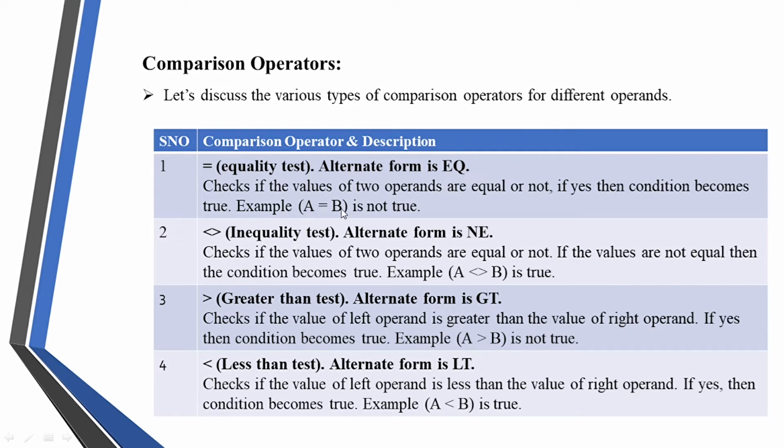We can also use the symbol, but we will use EQ. For not equal to, in general we strike out the equal symbol, but in ABAP the less than and greater than symbol combination means not equal to, and the keyword is NE.